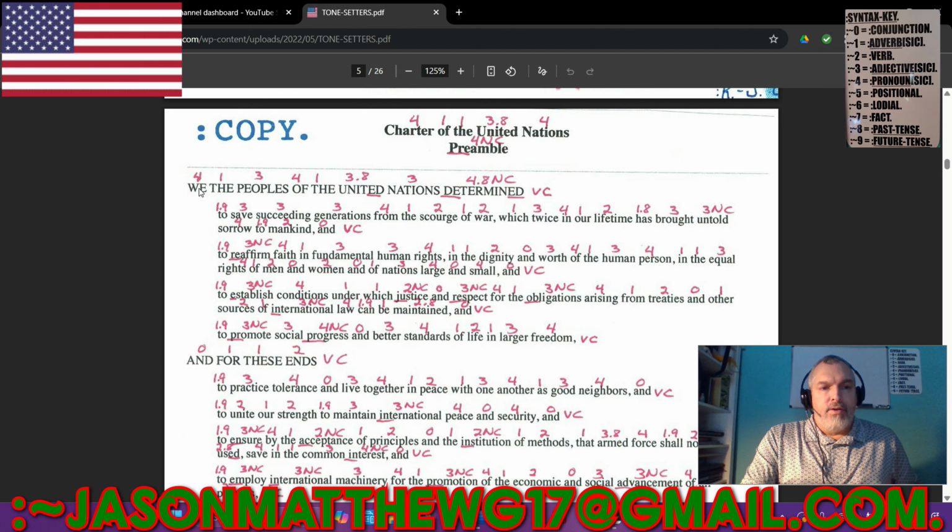So then we move on down here. We have we the peoples of the United Nations determined. So that, now that is correct because we, non-tangible, the non-tangible, peoples, tangible, of non-tangible, the non-tangible, united, tangible, nations, tangible, determined, tangible. That's good to go.